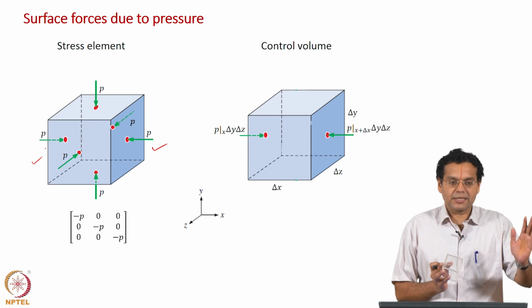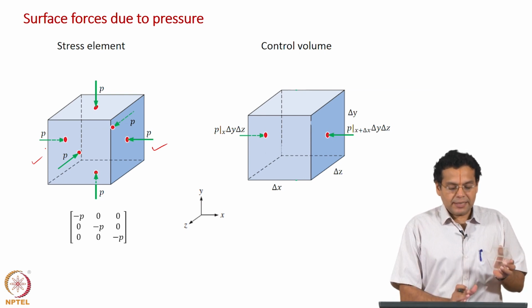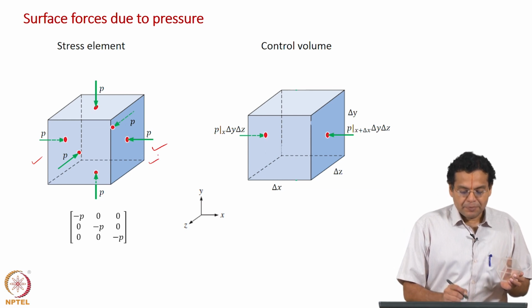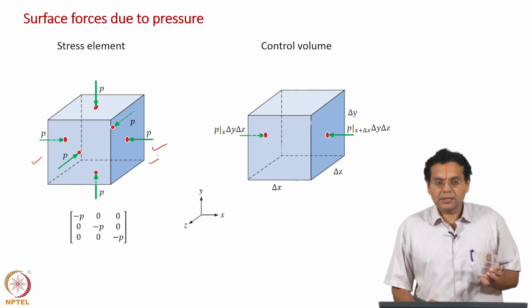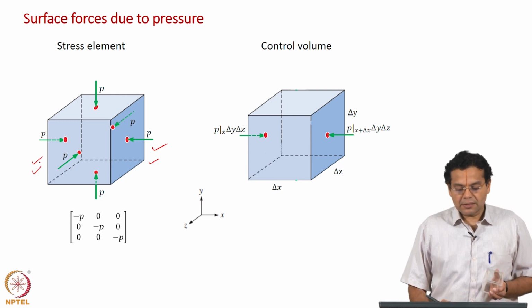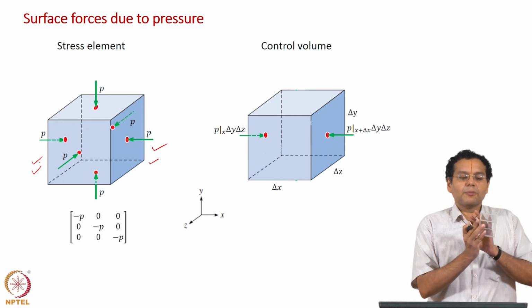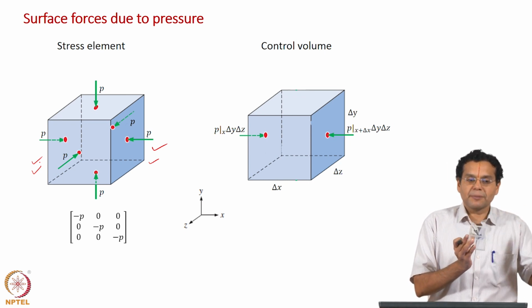So a stress element is a pictorial representation of the state of stress. On the right you have a face whose normal is along the positive x axis, and a negative face whose normal is along the negative x axis, but that face is just the opposite side of the same face. It is not physically separate though it is shown.